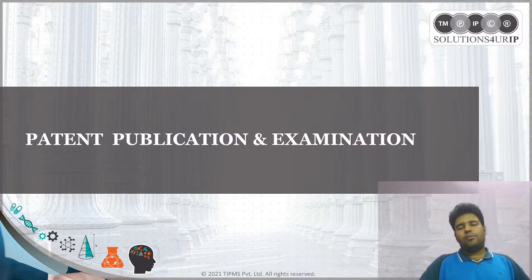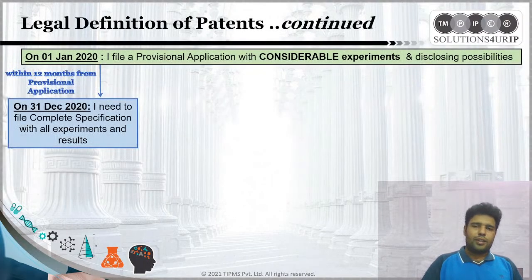Now we will see, after your patent draft is ready, what to do with it and how to go ahead. Let us assume that we have filed our provisional patent application on 1st of January 2020. It is always better that in your provisional patent specification you give considerable experiments.